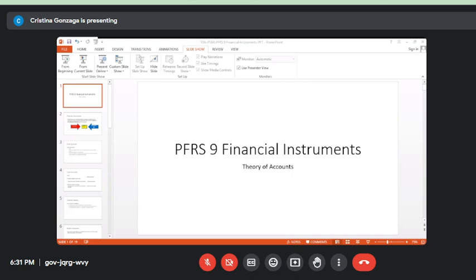So it's a payable. What are the payables? We have so many payables. Your loans payable, your bonds payable, even your accounts payable, are financial liabilities.